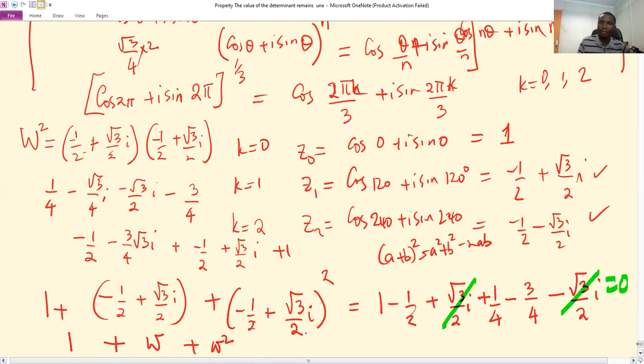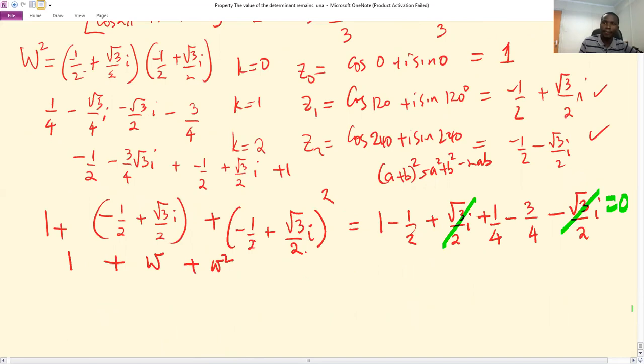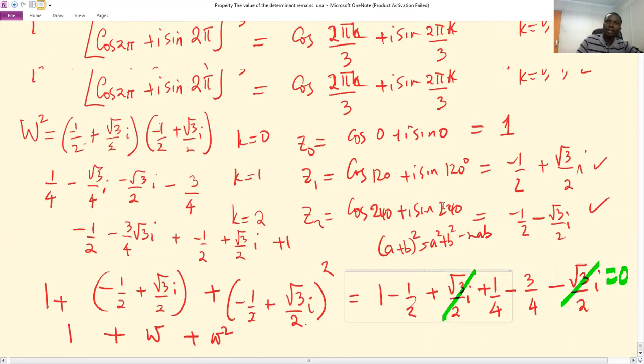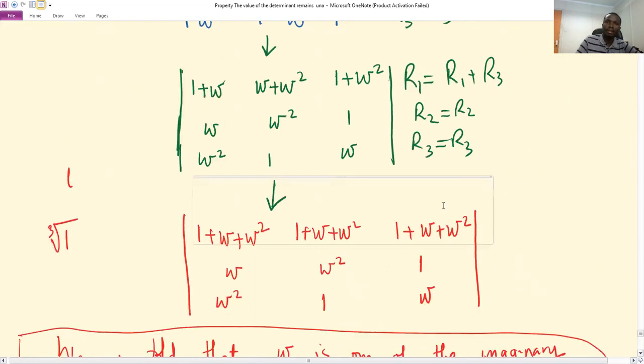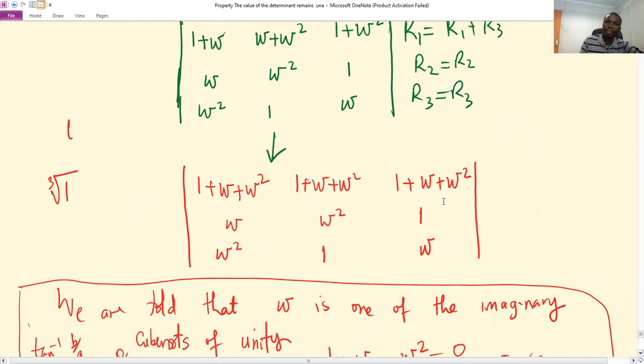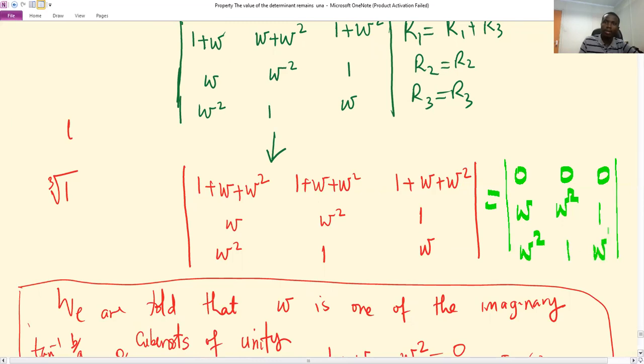So therefore, the determinant we have here is simply 0, 0, 0, and then omega squared, 1, omega squared, 1, omega.